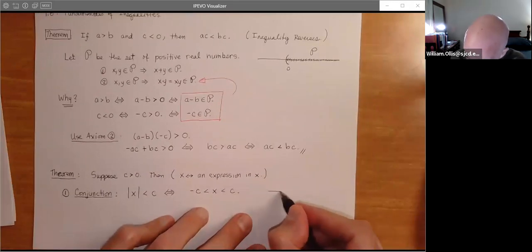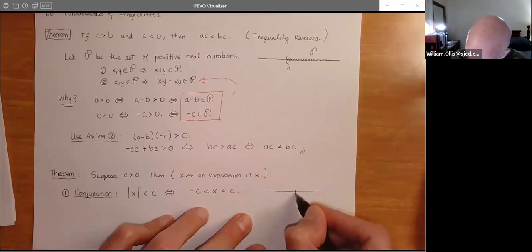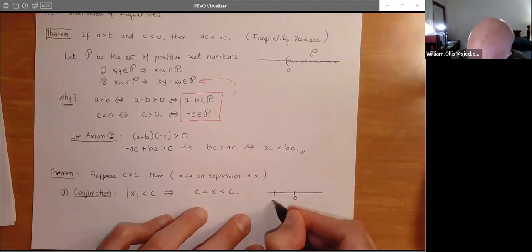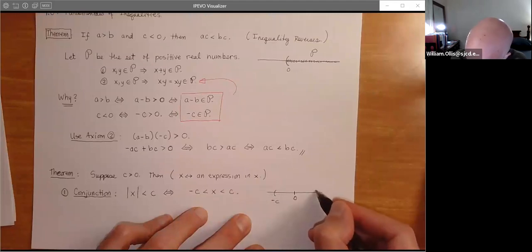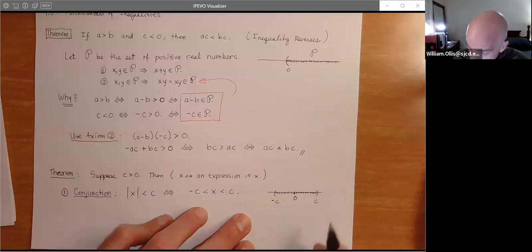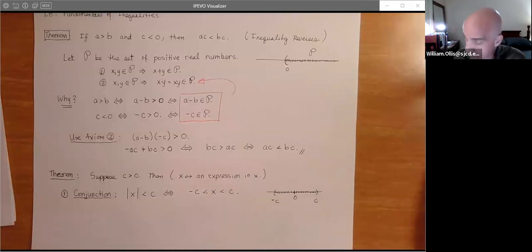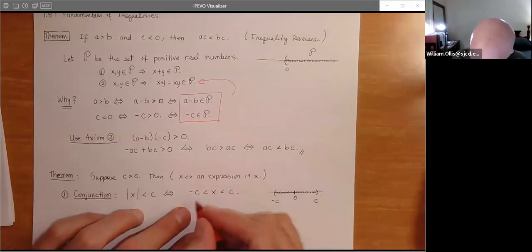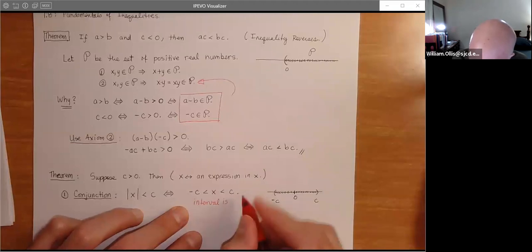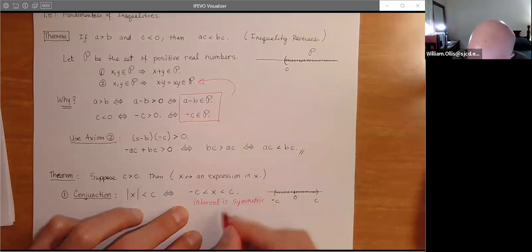This is basically a symmetric interval about 0. So when you think about this, you have 0 here, and then you have negative C here, and you have C here. This is an interval that's symmetric about 0, and X lives in there. So we say that this interval is symmetric about 0.